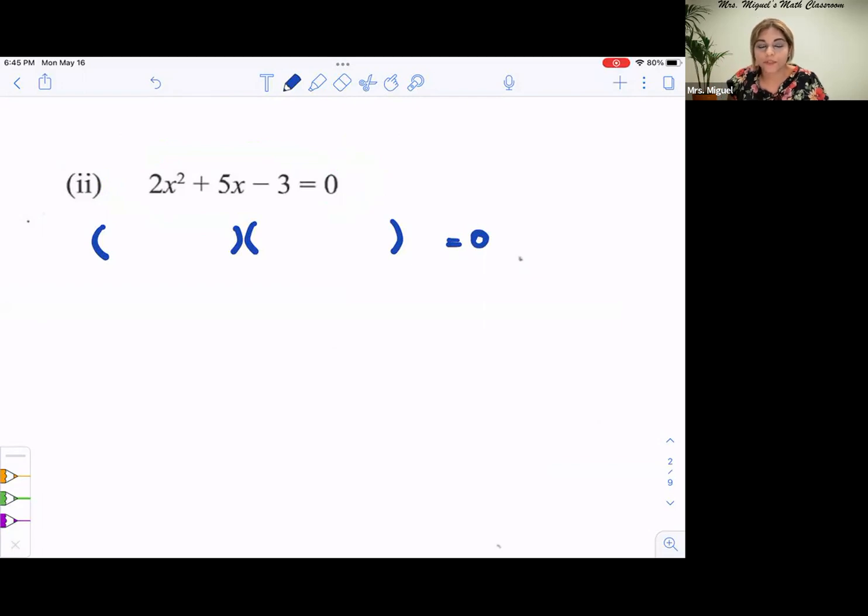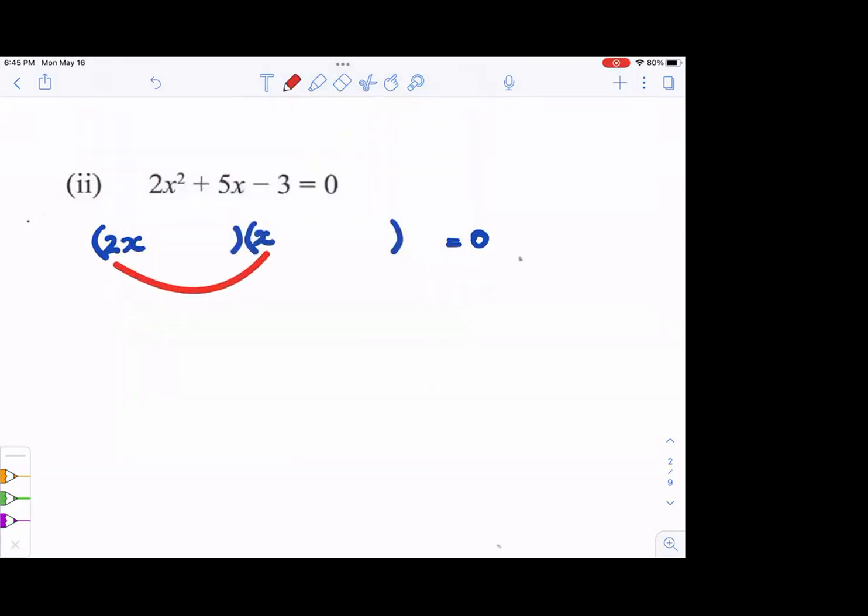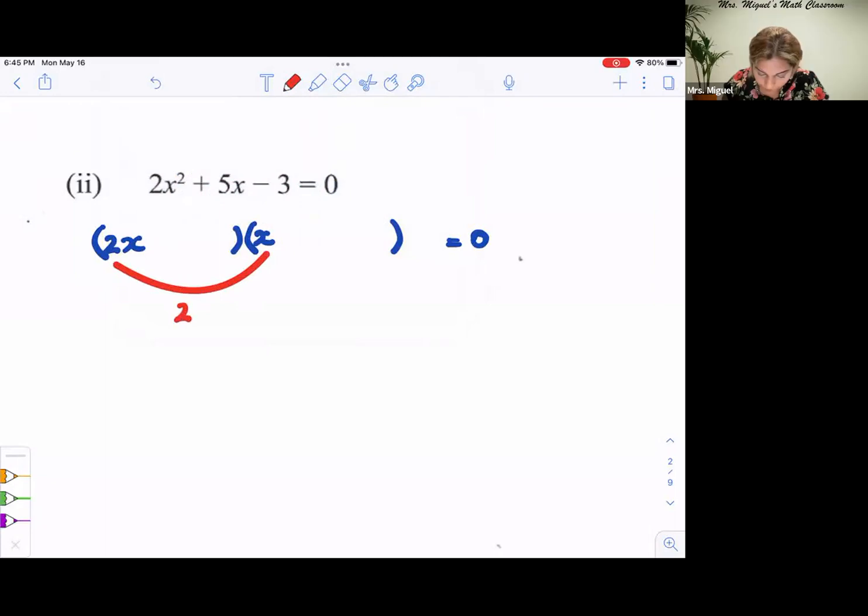We can do it using trial and error. Now, let us first examine 2x squared. The only way to get 2x squared from two factors is by placing 2x by x. That will give me my first term. So this will give me 2x squared.